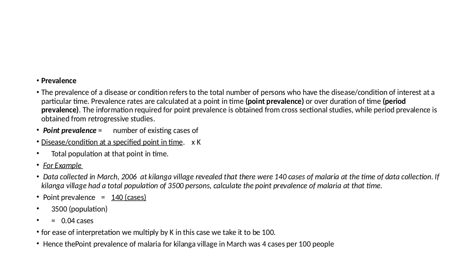So point prevalence is the number of existing cases of a disease or condition at a specific point in time or at a specific period in time. So you take the disease condition at a specific point in time or period in time, then you divide by the total population at that point in time or the population at risk, then you multiply by K. The only difference between prevalence and incidence is that for incidence, you deal with new cases.